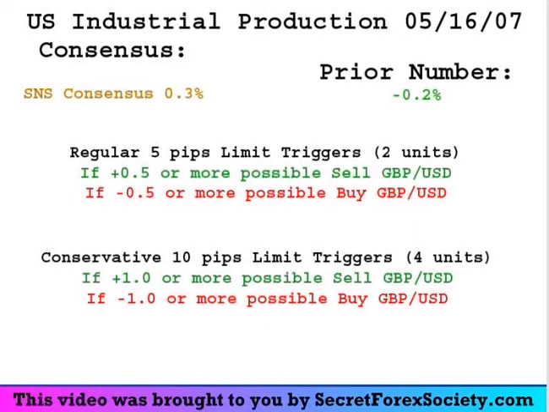So they are expecting the number to come out at 0.3% versus -0.2% previous months.